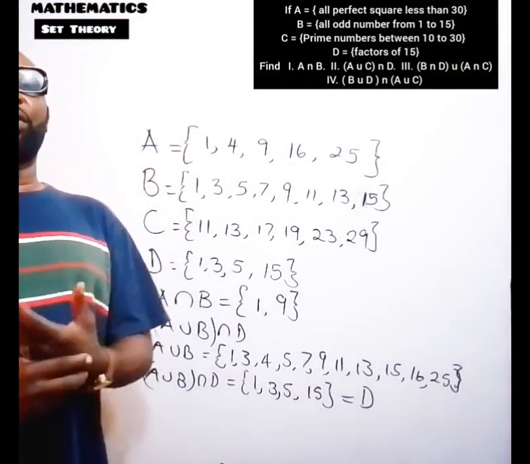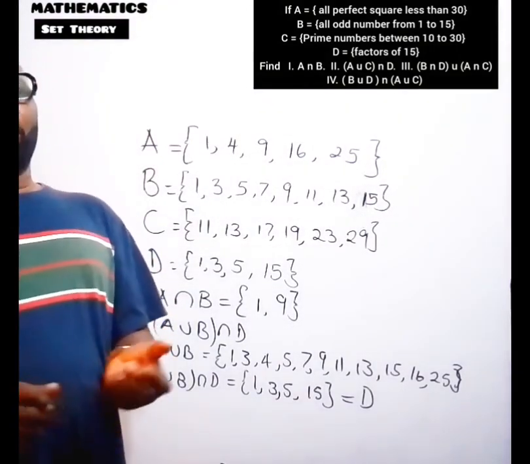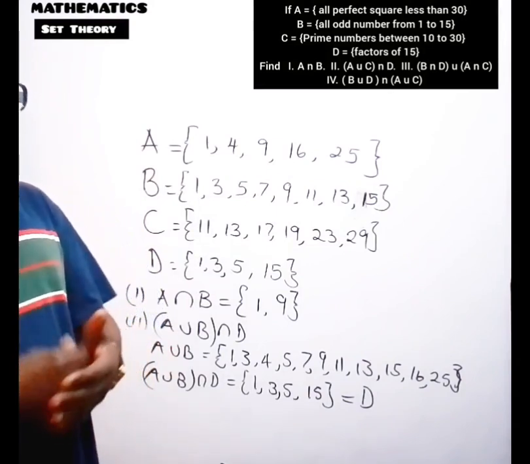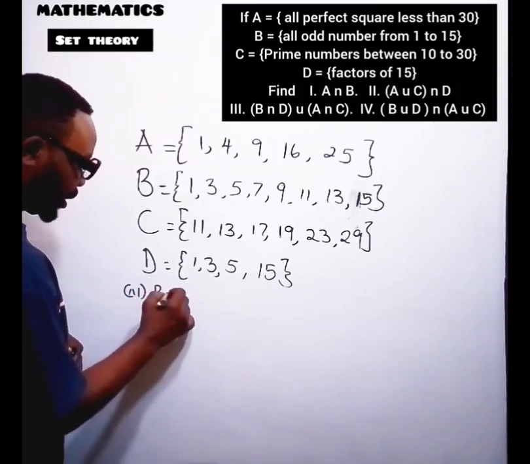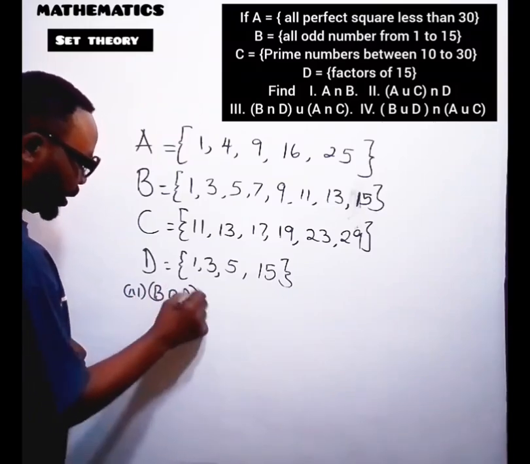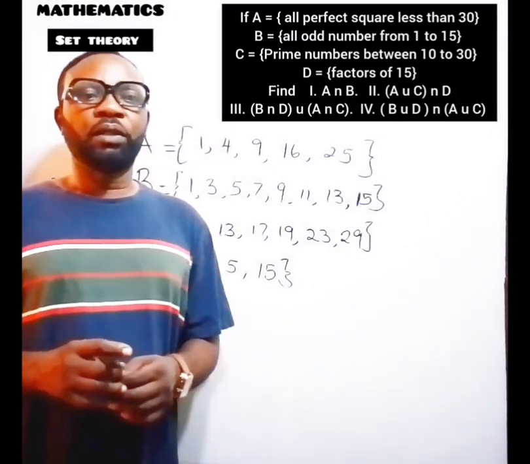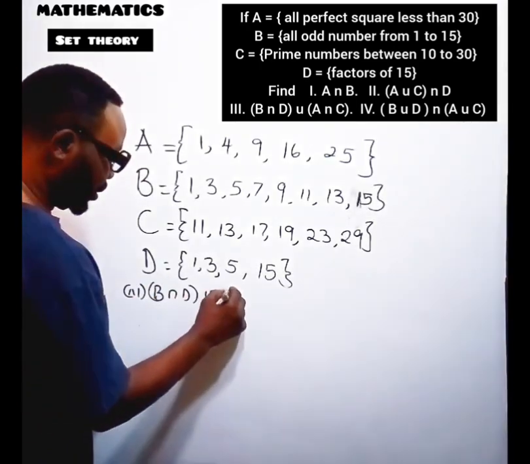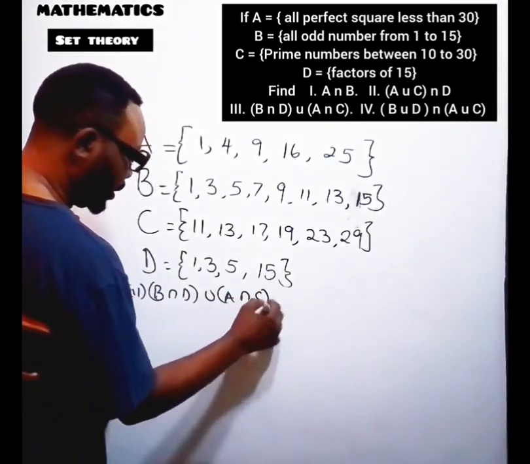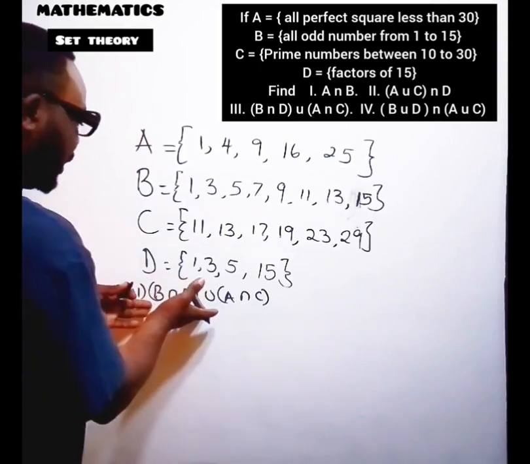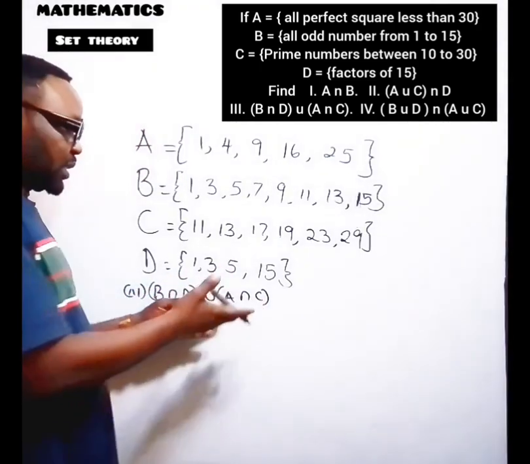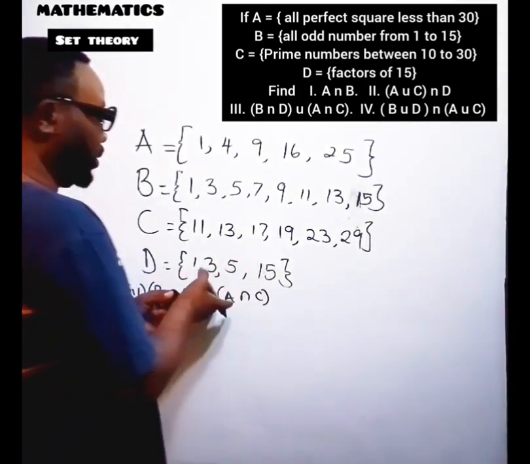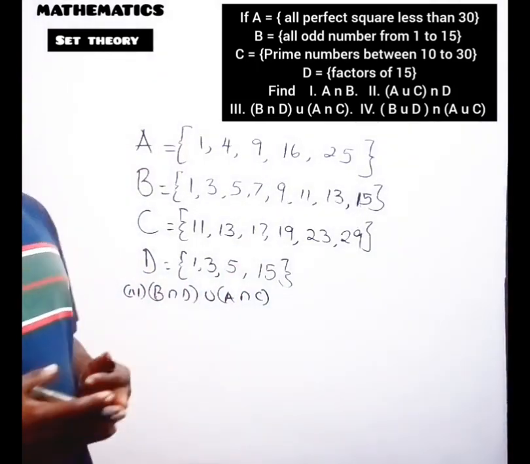Now, the third question says we should find the value of B intersection D union A intersection C. You need to firstly bring out the value of B intersection D, then bring out the value of A intersection C, then form the union of them together.